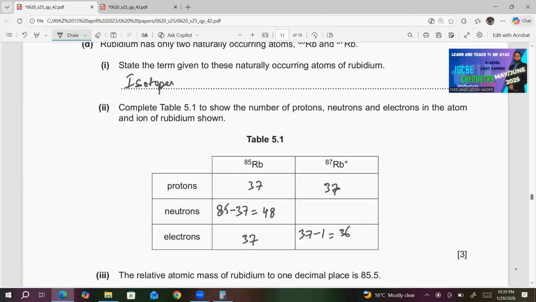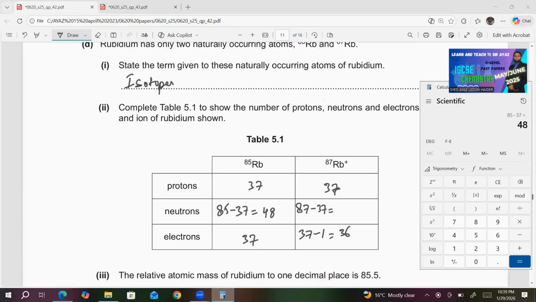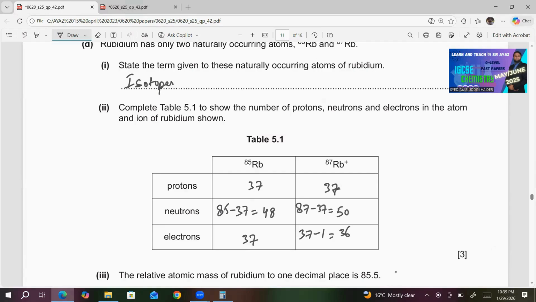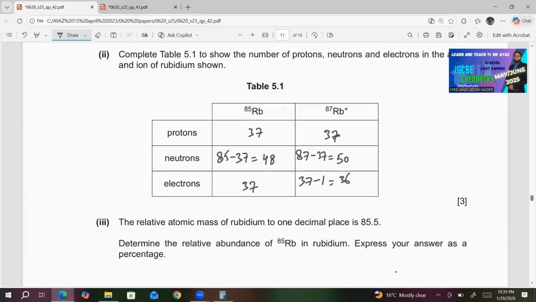Simply subtract 37 from 87. So 87 minus 37, what will you get? 50. 50 will be the number of neutrons for this ion.